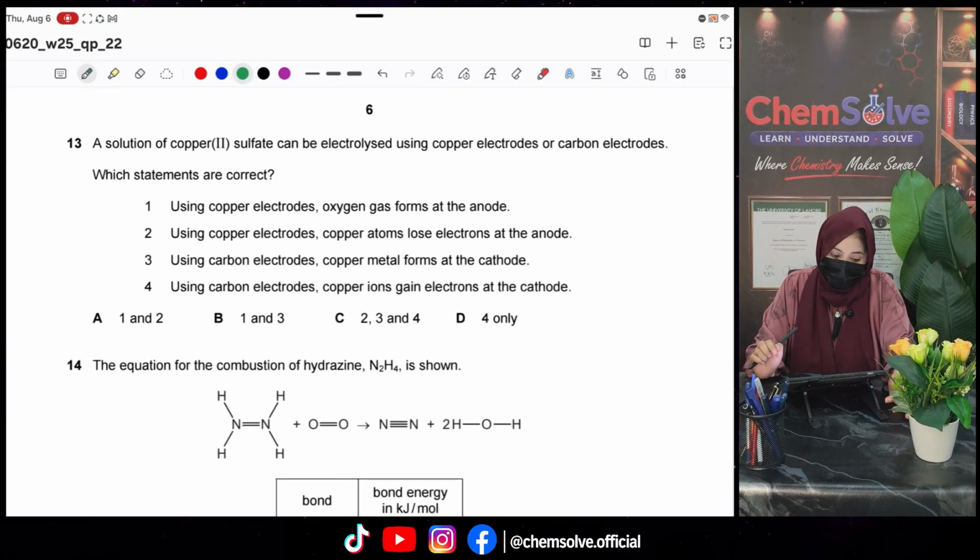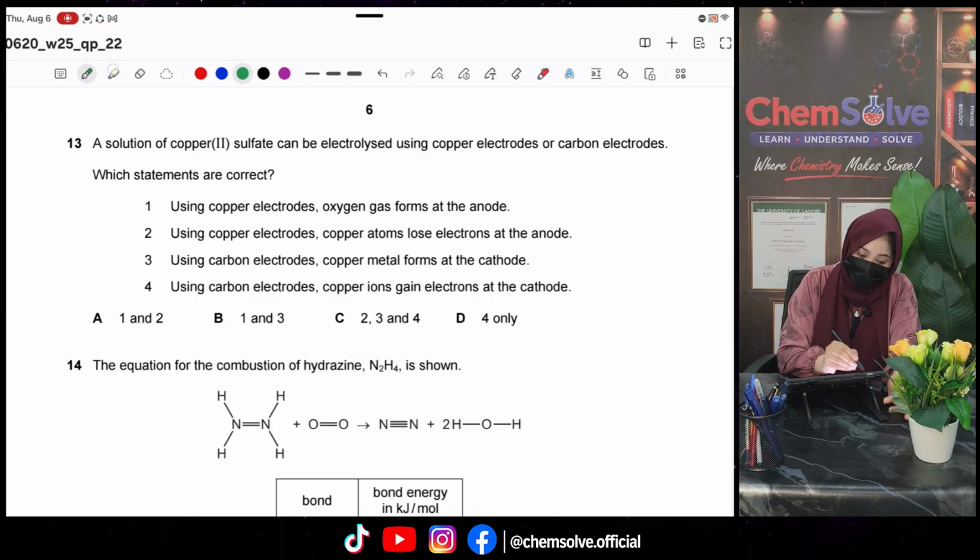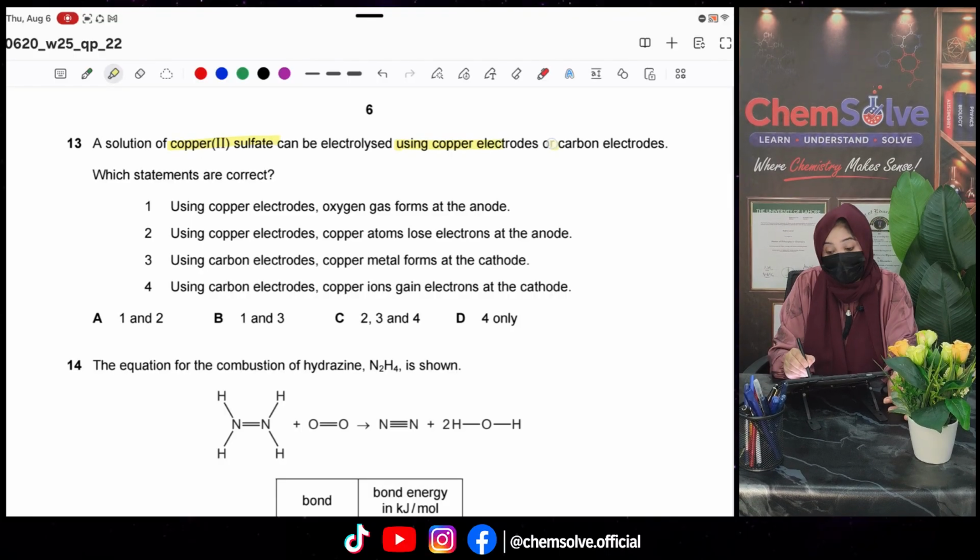Now question number 13. Okay, so for question number 13, a solution of copper sulfate can be electrolyzed using copper electrodes or carbon electrodes. Okay, this is again a lengthy question. We have to do the electrolysis of the copper sulfate using copper electrodes as well as using carbon electrodes. Okay, which statements are correct?